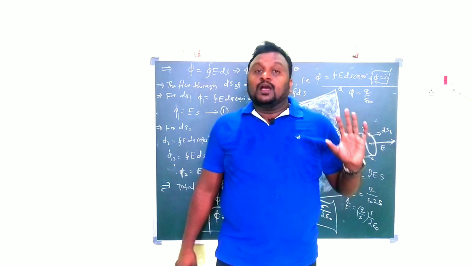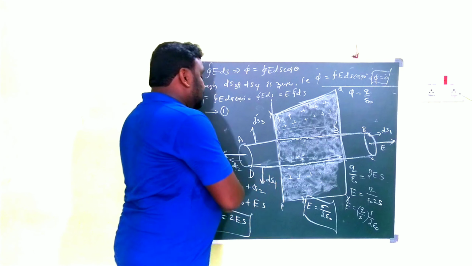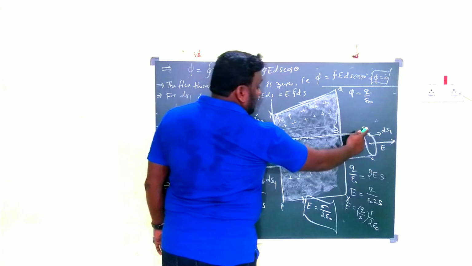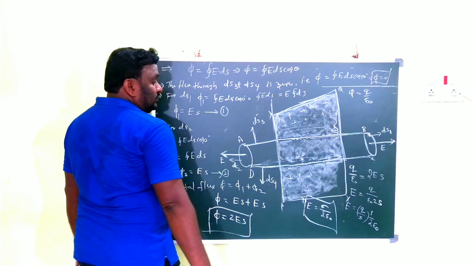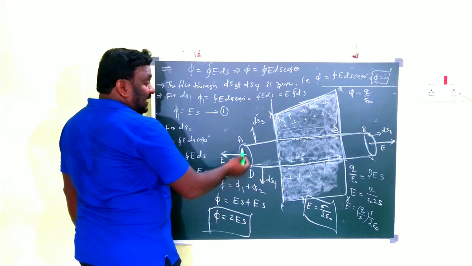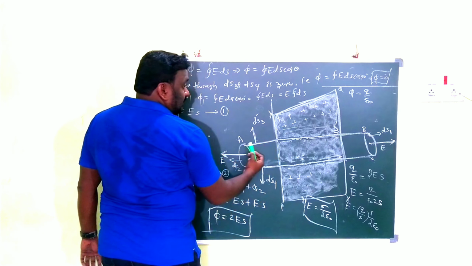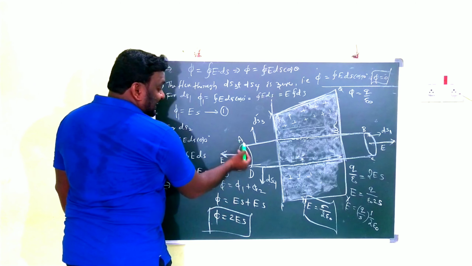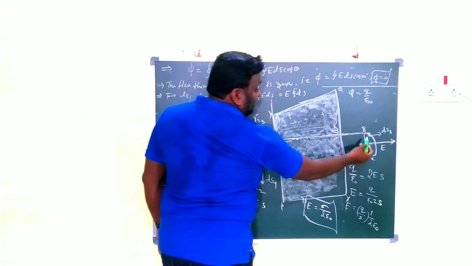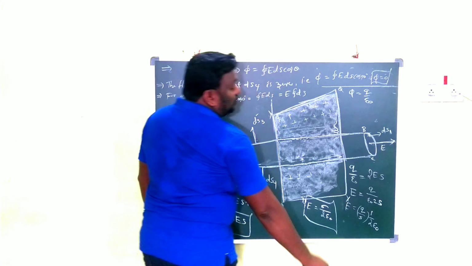It's very clear. After that, A, B, C, D. What we are showing here? A, B, C, D. Clear? AB is nothing but DS3, and CD is nothing but DS4, and AD is nothing but DS2, and BC is nothing but DS1.